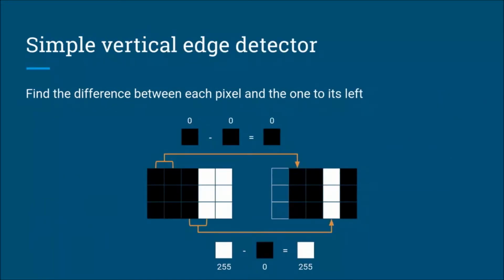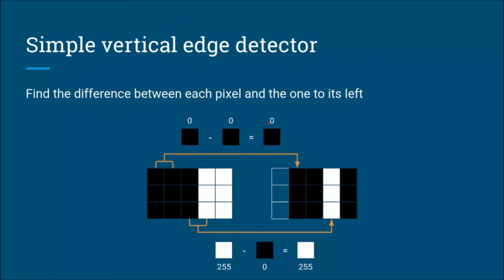So let's have a look at a simple vertical edge detector. We're looking for differences between pixels, right? So let's just compare each pixel to the one immediately to its left. If we take this pixel, it's black, or 0, and we compare it to the one next to it. We subtract the one from its left, and 0 minus 0 is 0.